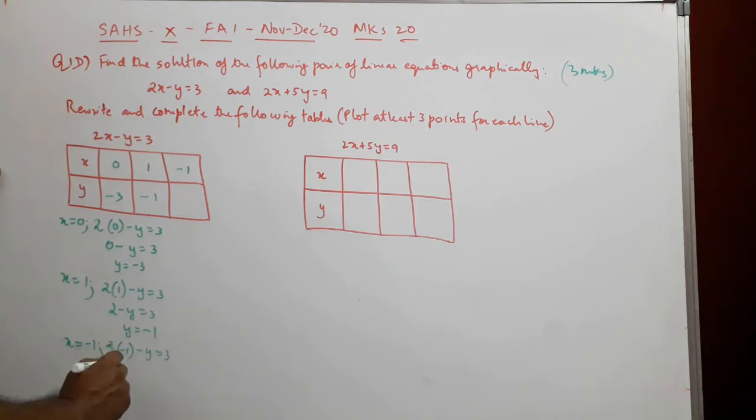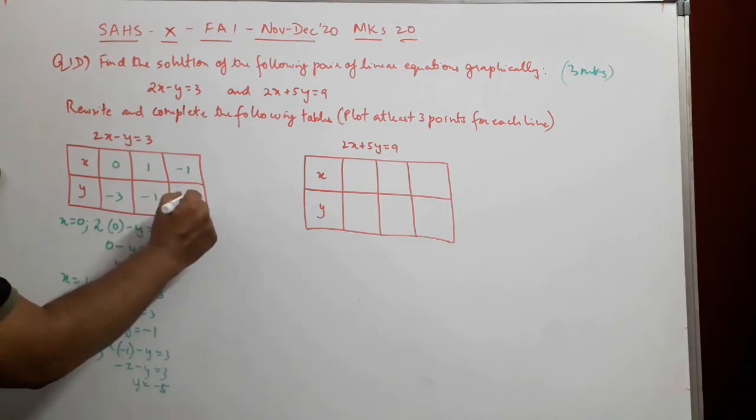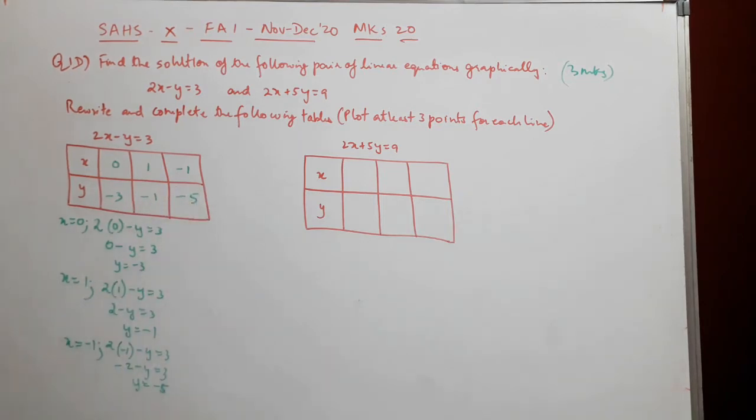So we get negative 2 here, negative y equal to 3. Negative 2 when I take on the other side, it becomes positive. So 3 plus 2 is 5. So we get y equal to negative 5. Okay. So all the y values that we have got are negative.